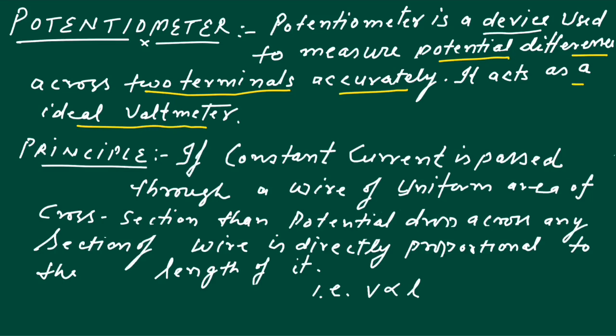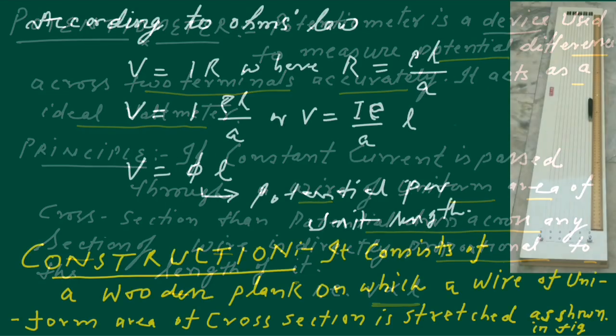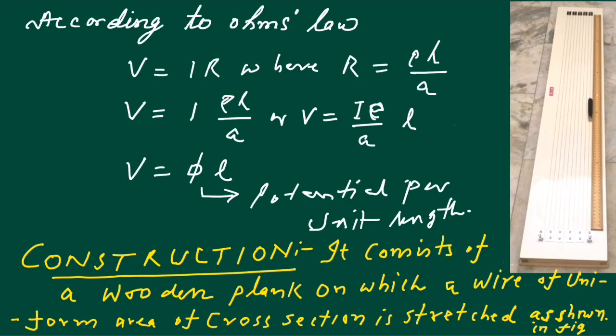If constant current is passed through a wire of uniform area of cross section, then potential drop across any section of wire is directly proportional to the length of it, that is V is directly proportional to L. According to Ohm's law, V equal to IR, where R equal to rho L upon A. Now we put this value of R in this equation.